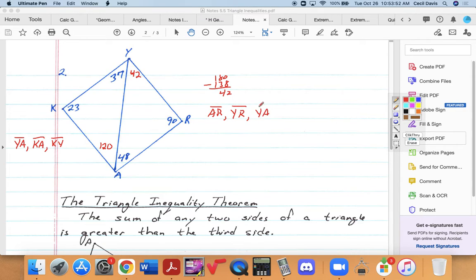YA. Now, do you notice that this list ends with YA and this list starts with YA? So we can just stick them together. AR is shorter than YR, which is shorter than YA, which according to this list is shorter than KA, which is shorter than KY.